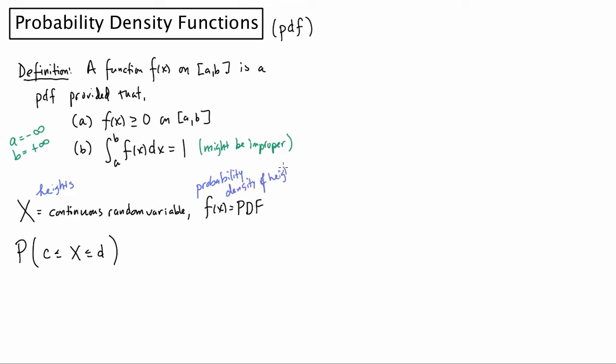Is a person having height 5'5" more likely than a person having height 5'1"? Well, it would depend on the population, but let's suppose that the function told me that.